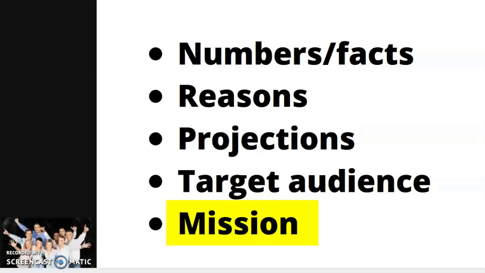You will want to look at those who currently have gardens attached to the restaurants and who do not. You'd have to explain why this is a good idea, projections of the number of people this might impact, and a description of your target audience. And your mission is going to be to provide those in the culinary arts field with additional training in growth of herbs for their work.